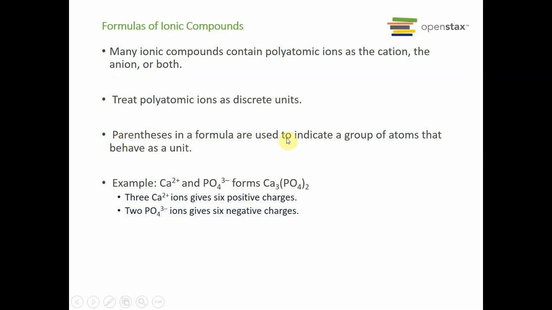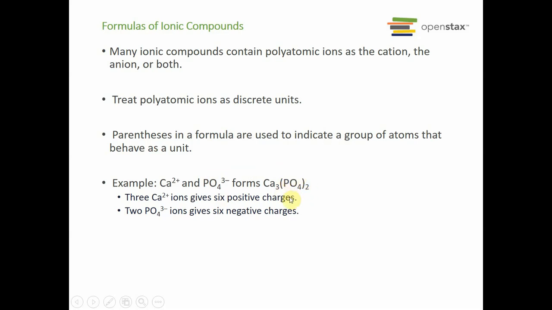Parentheses in a formula are used to indicate a group of atoms that behave as a unit. For example, calcium 2 plus and phosphate 3 minus forms Ca sub 3 (PO sub 4) close parentheses sub 2. So the phosphate, which has a negative 3 charge, moves as a unit.